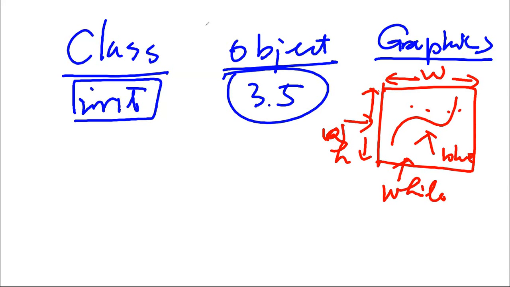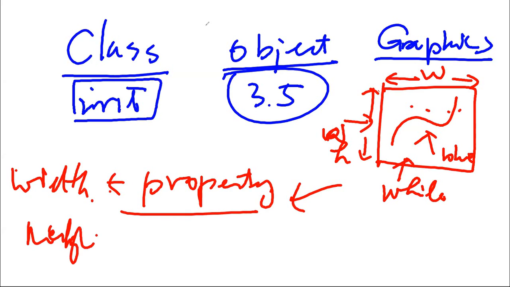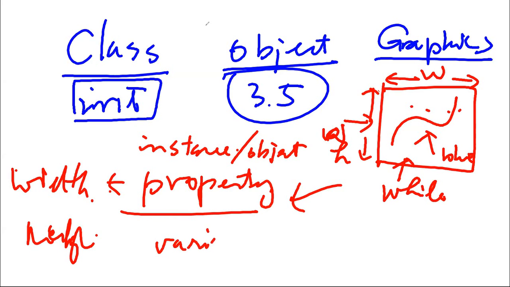So those things we call properties of an object. For example, you have the width, that's a property, and then height, that's a property, right? These are properties, or we call them instance variables. These are different parameters you can tune for an object, called instance variables.